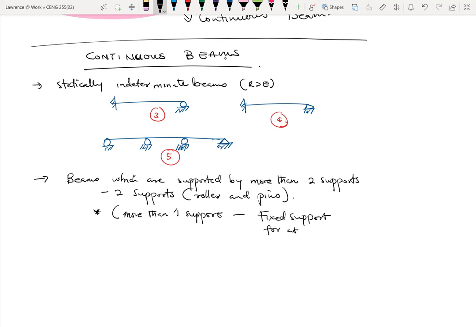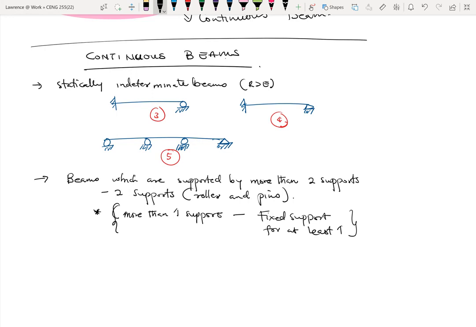So even though I'm trying to define what a continuous beam is, I'm defining it in terms of the supports. If all the supports are rollers and pins, then it should be more than two.